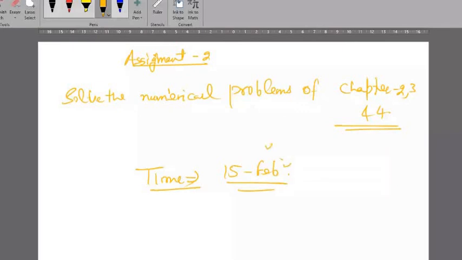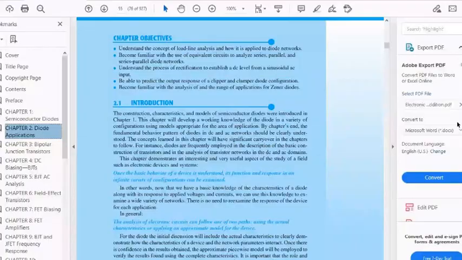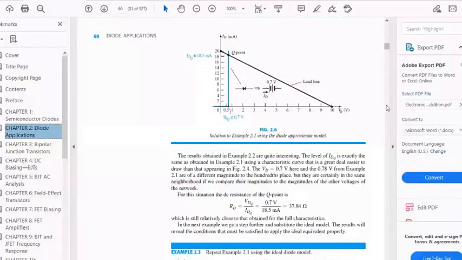Till 15th Feb, you have to submit the numerical problems of these three chapters 2, 3 and 4. Okay, because you have already finished chapter 1's numericals, in that case it will be very easy for you to understand the numerical problems of chapters 2, 3 and 4, and these are fewer in number as well.